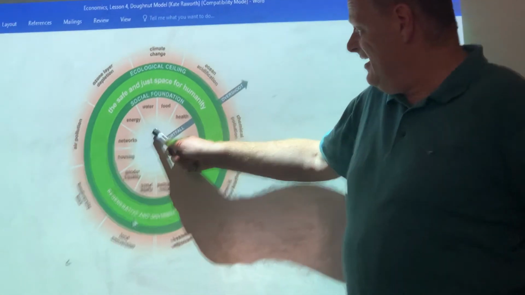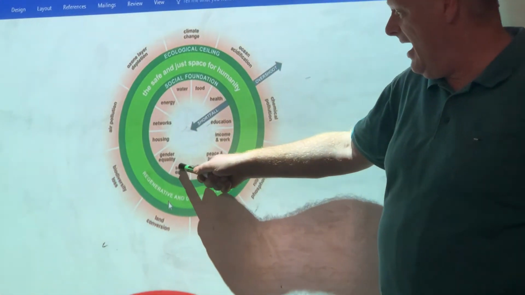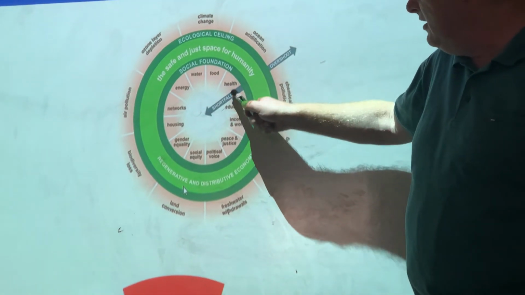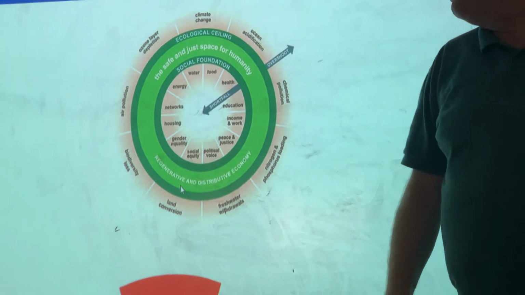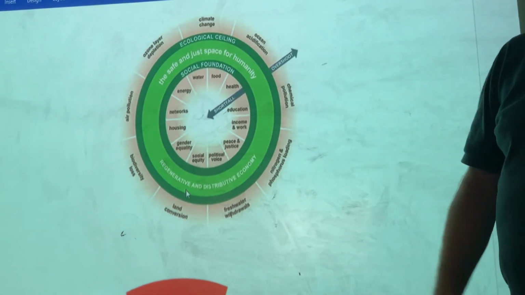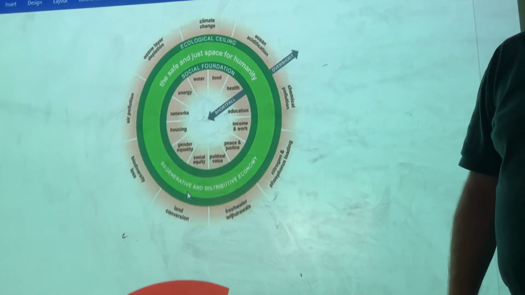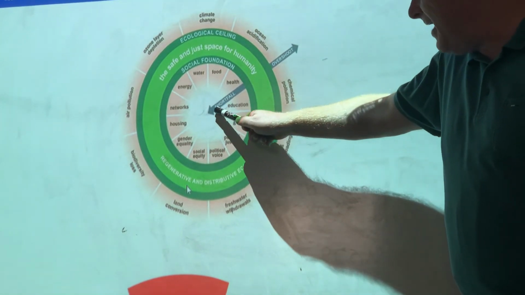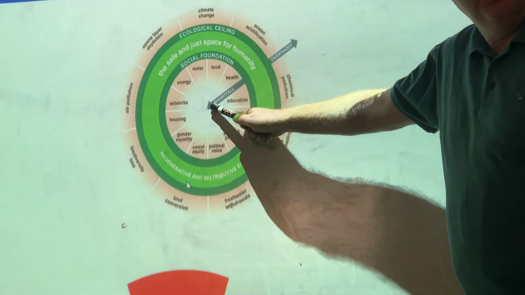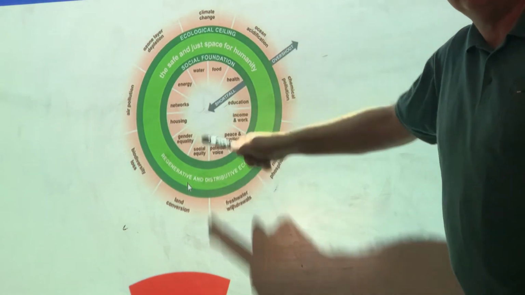This is the inside. This has to be healthy, and the aim is that every country should be able to satisfy the inside of the donut. This is what it should be. This, if you like, is the normative model. If things are bad, then there's a shortfall. There's something wrong. It has to be attended to.